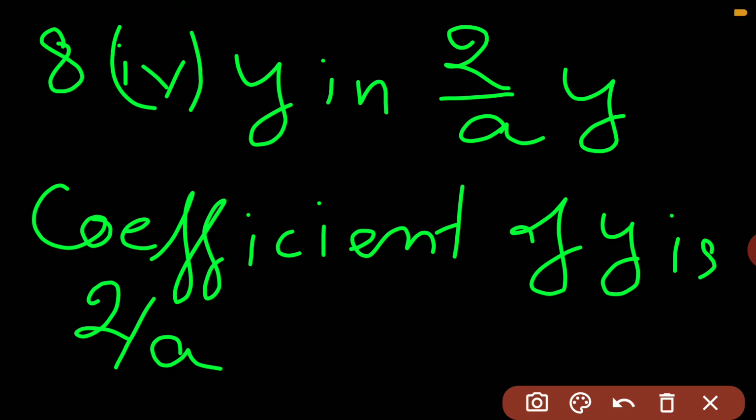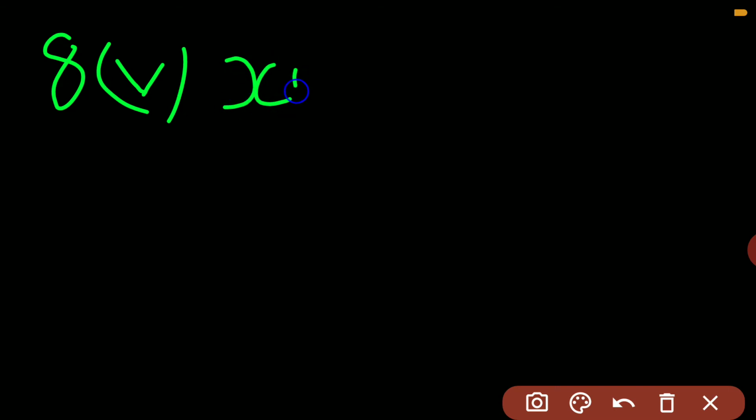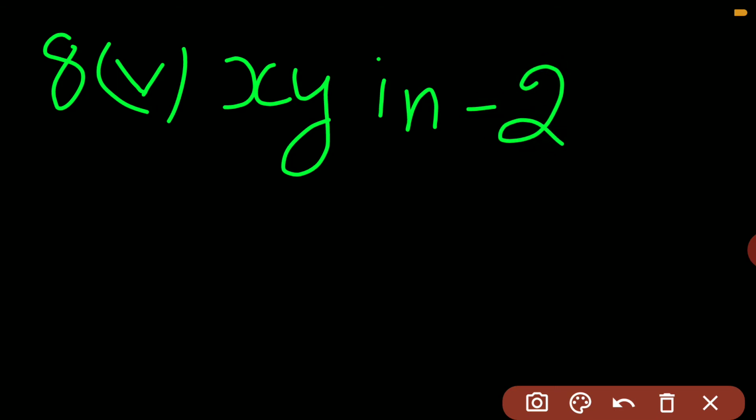Now going to the next question, which is question number 8.5. Question number 8.5 reads as xy in minus 2xyz.